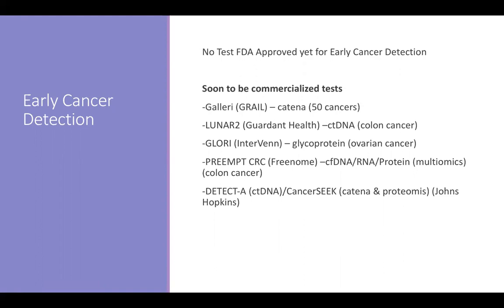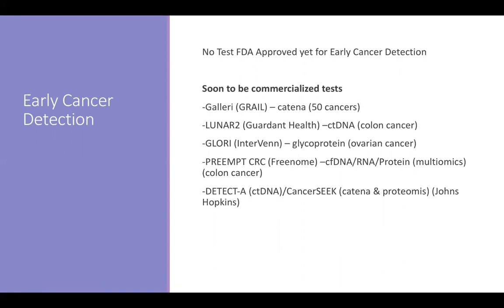Luna 2 is developed by Guardant Health and is currently being developed specifically for colorectal cancer. The Glory test is developed by Interven, and they use glycoproteomics with an AI platform using mass spec patterns. And they're aiming to use the panel for ovarian cancer early detection.